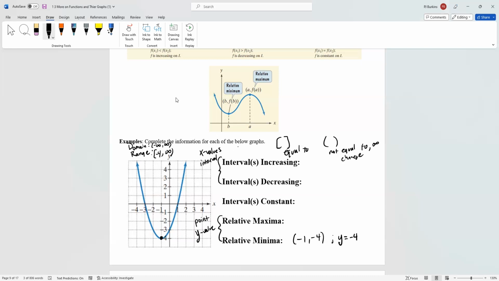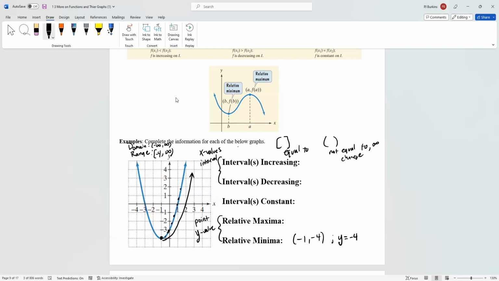So that'll help you when you're doing your intervals of increasing and decreasing, especially if you talk about the domain specifically. So for increasing, from this point on, the y value is getting bigger and bigger as we go from one point to the next, going from left to right.